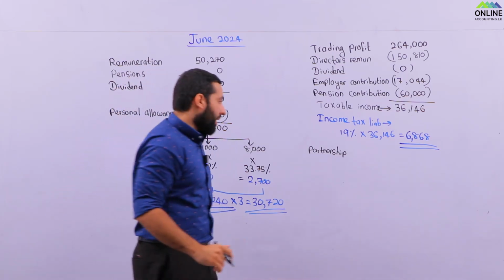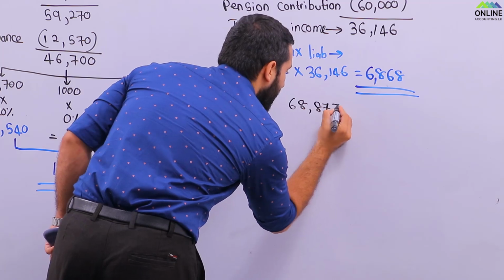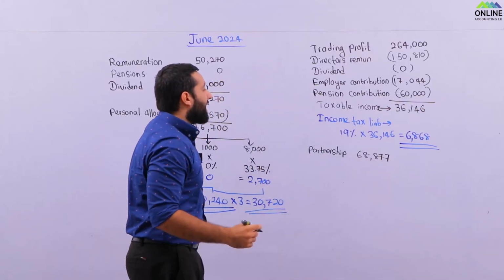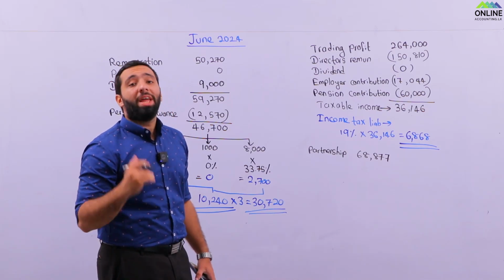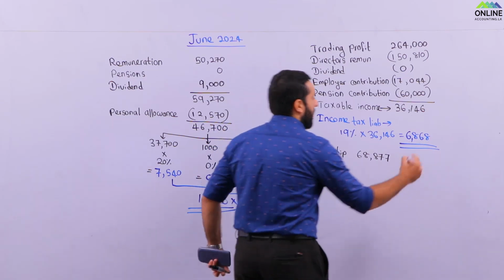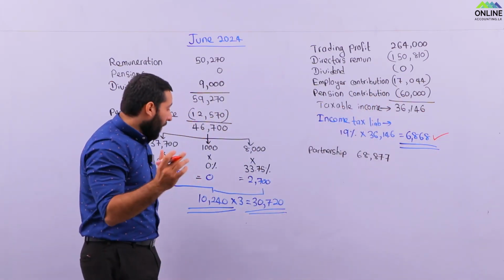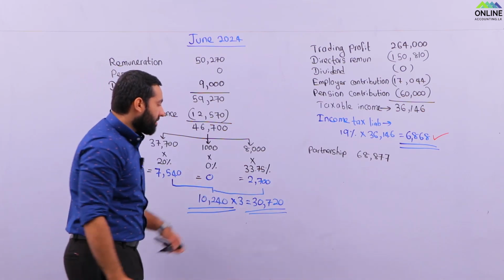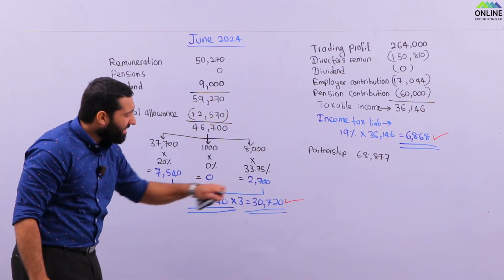68,877, if I'm not wrong. Okay, and if it is a company, what are the amounts that you require to pay? Yes, this amount is a very important part. You need to pay this amount. And then what else? Yes, this amount is also required. Why am I adding this amount?